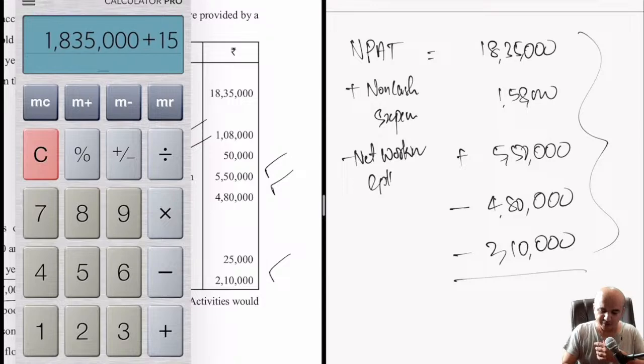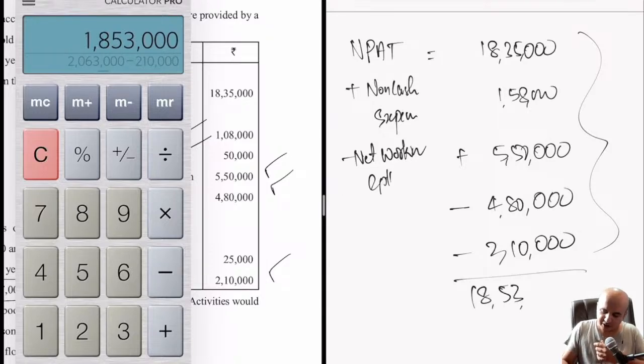18,35,000 plus 158 plus 550 minus 480 minus 210. That gives 18,53,000. Is the math correct?